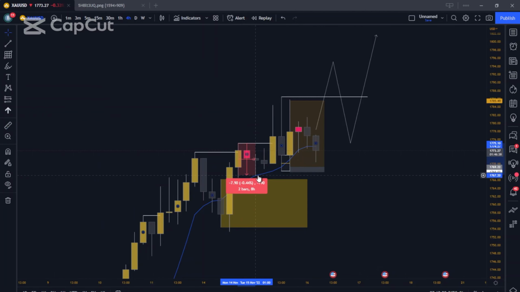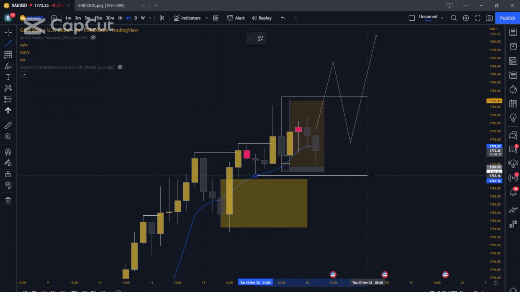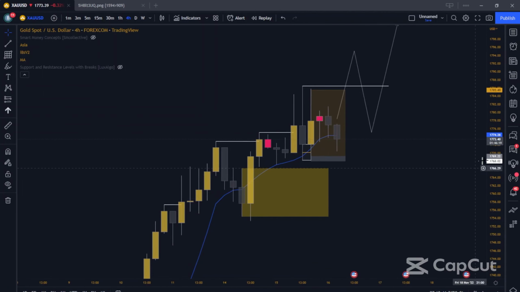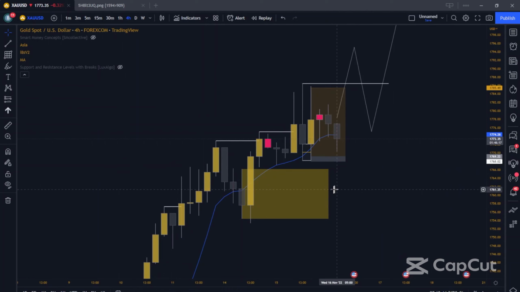That's like 80 pips, huh? Yeah, that's 80 pips. So that is valid structure. So to me, because this is a valid pullback, once this gets taken, it would be a change of character. But there is also a whole bunch of inducement.